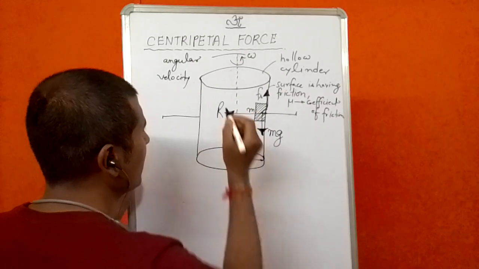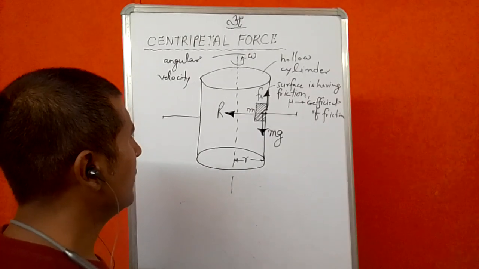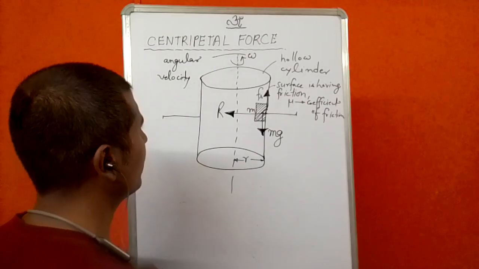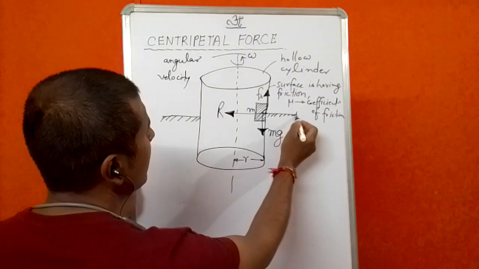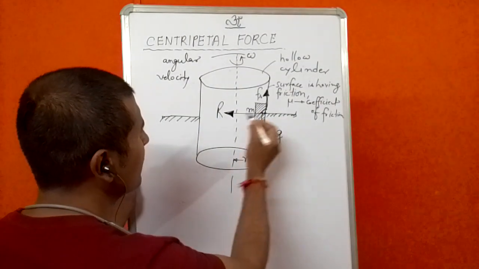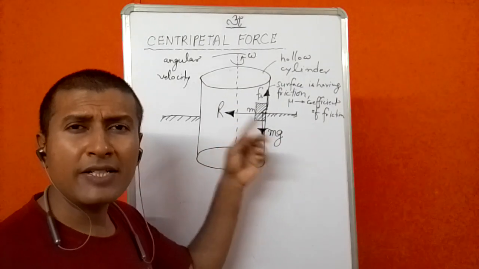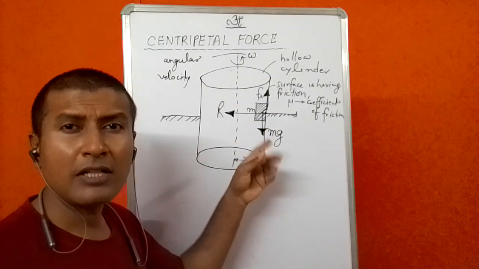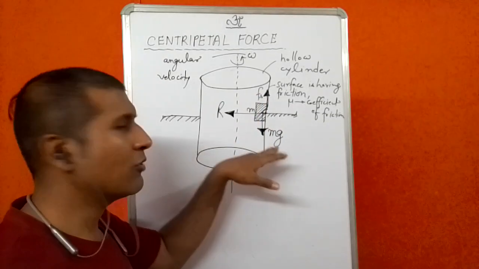The reaction force R. Now, has it been completed? Yes, of course, it has been completed. This and this, right? Now if you see, for the body to maintain the contact, not to fall down, Fs must be equal to mg.